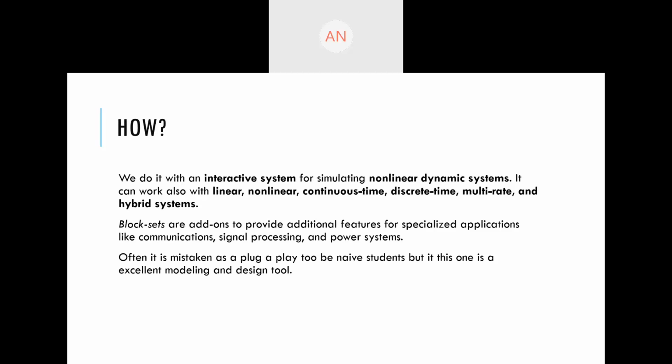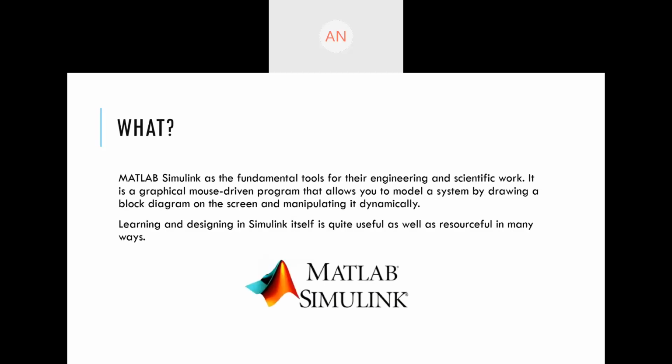And so there are certain features that will be used in it. So what is it? It is MATLAB Simulink. I'll directly go to the definition of it. It is a graphical mouse-driven program that allows you to model a system by drawing a block diagram on the screen and manipulating it dynamically, which is MATLAB Simulink.